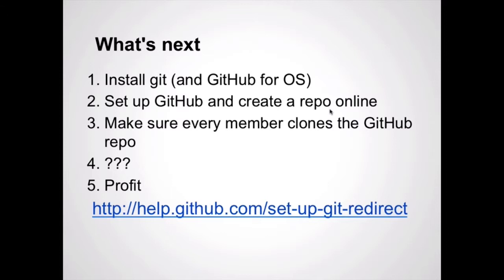Make sure that every member of your team clones the GitHub repository and does not create their own repositories or initialize local repositories. And that's it actually, and then you're ready to go. But you should also set up the Android workspace and try out some Android development tutorials and stuff like that.